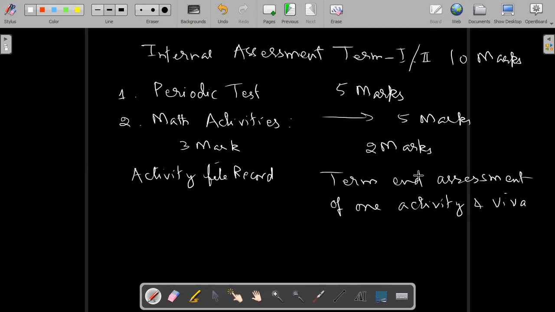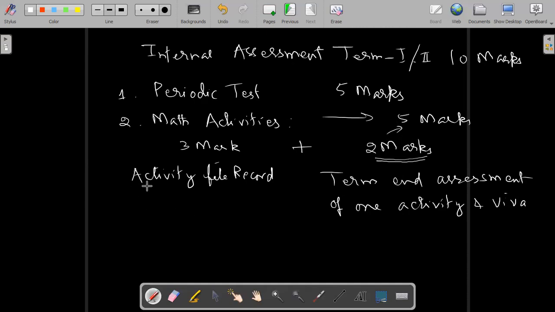Like in practical science, in mathematics also you will have one practical exam. In that exam you have to perform one activity, and in the viva some questions based on that activity will be asked orally. That will have 2 marks. So this 3 plus 2 makes 5 marks.